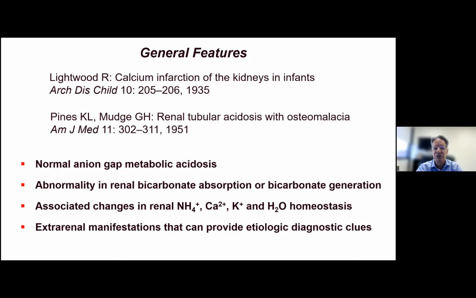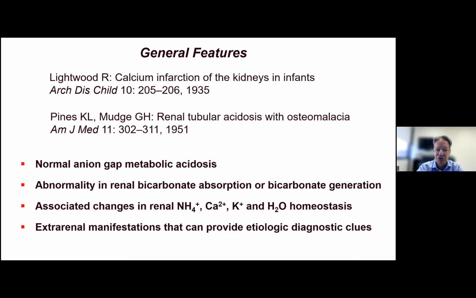But it's also associated with electrolyte abnormalities that are not involving the acid-base abnormality. So it isn't just an acid-base abnormality. There are also abnormalities in renal ammonium, calcium, potassium, and water homeostasis.